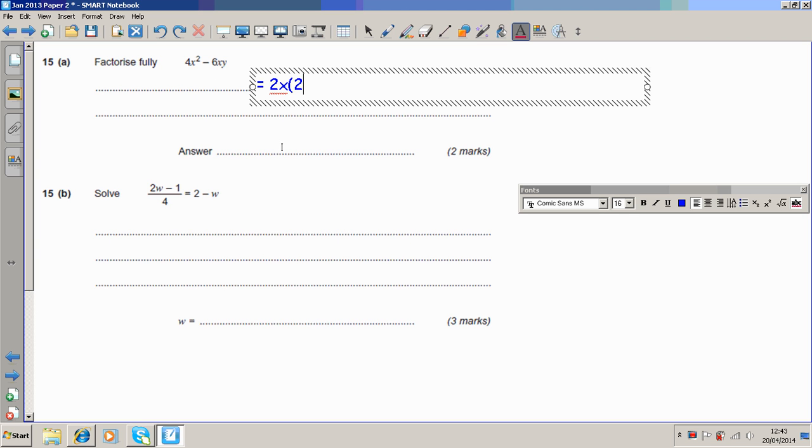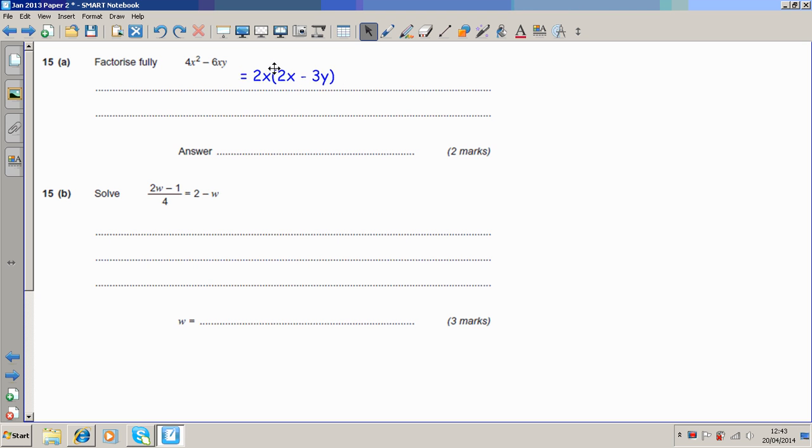Well, 2 times 2 is 4, and x times x is x squared, so 2x. And then 2 times 3 is 6. We've already got an x, and we need a y. So that there is our answer. Okay, so factorise just means to put a bracket back into it, essentially. Okay, and you can check that times that is the first term, and that times that is the second term. Alright.